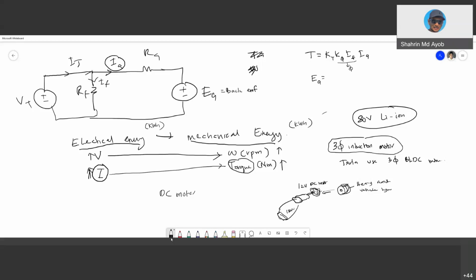EA is K speed multiplied with the flux and the speed. It is proportional, so if the speed increases, the voltage produced also increases. Sometimes EA is K flux IF omega.